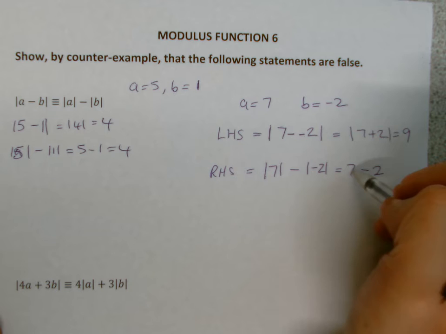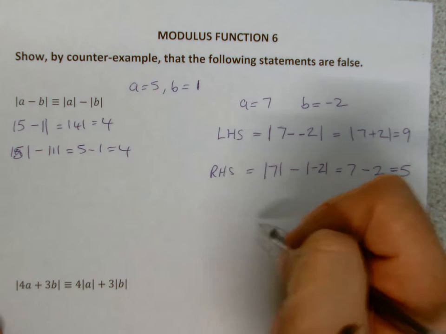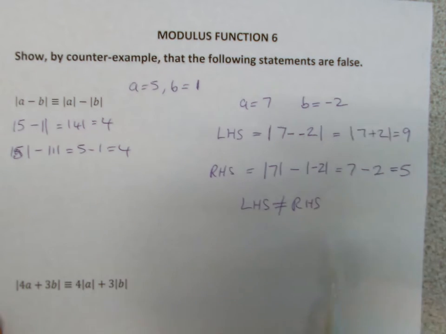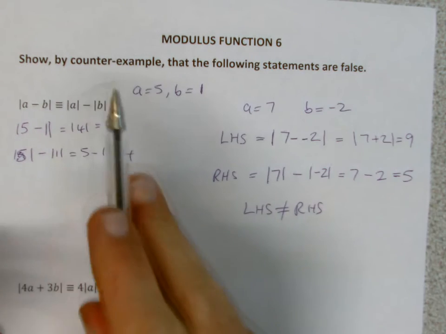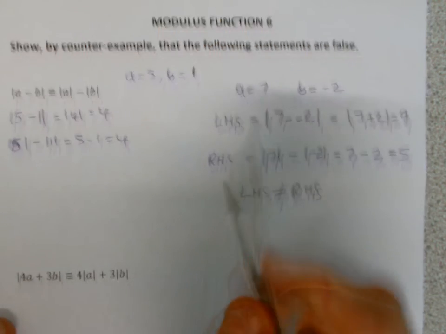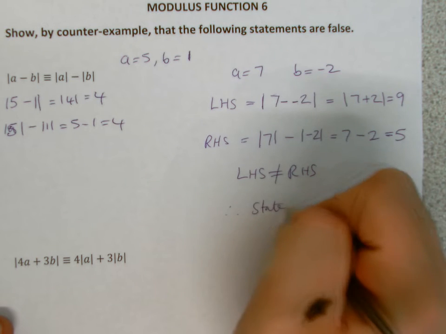So you end up having 7 take away 2, which will give you 5, a different answer. So left hand side is not the same as the right hand side. So we found an example. That's what I mean by counter example. We found one value where it doesn't work. So you could say, therefore, statement false.